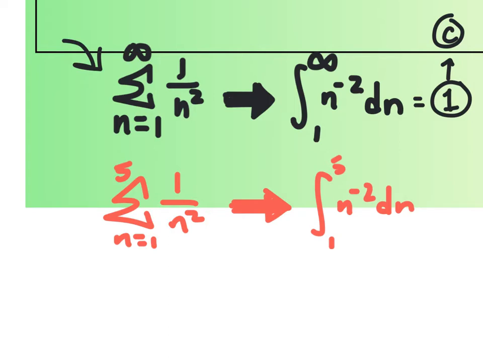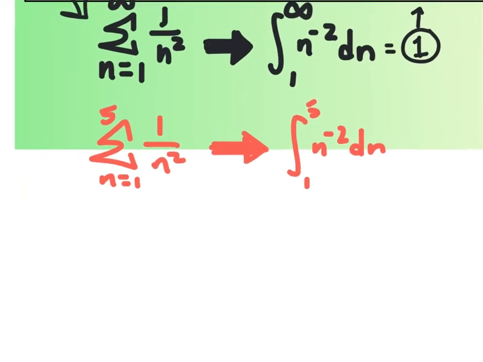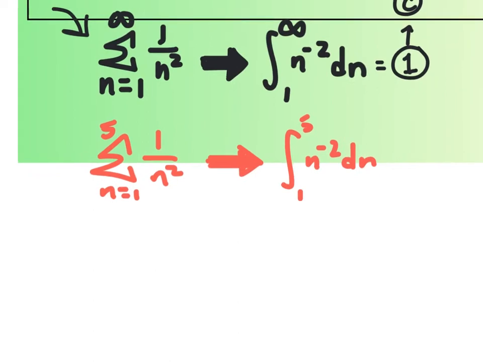So we're going to actually use partial sums to find error. So let's say we took that same series here, but we only took it up to the 5th term. We could actually use this integral and the value that we'd get in order to come up with an approximation, right? So this would be an approximation.